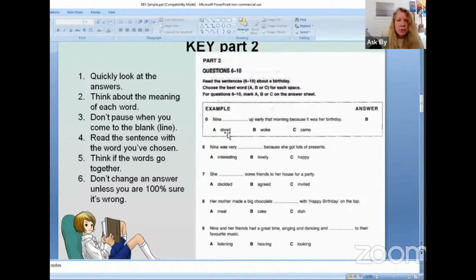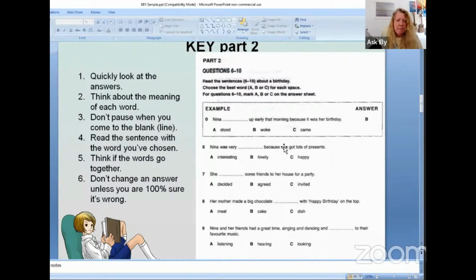We have the word stood, woke, and came. Now we have to quickly think of the meanings of each of the words. Stood, past tense of stand. Woke, to wake up. And came, come here. Past tense, she came. She came yesterday.